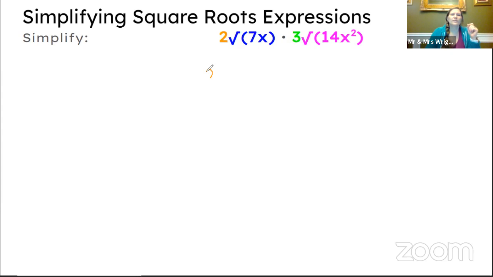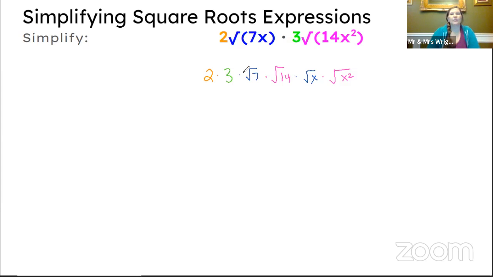So I'm going to put the first coefficient here, 2 times 3. That's this other coefficient. And then I'm going to move on to the radicals of the numbers. So times radical 7. Okay, the next radical with a number is radical 14. And now I'm going to move on to the radicals that are variables, times radical x times radical x squared.